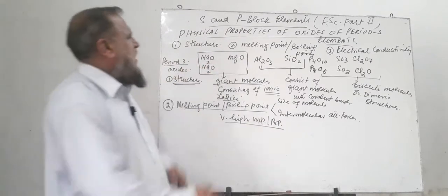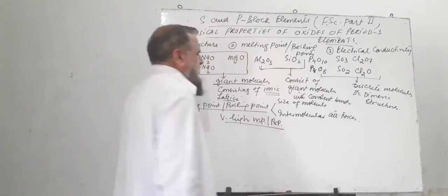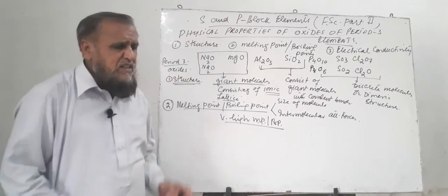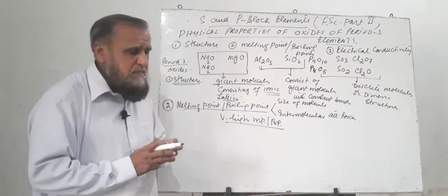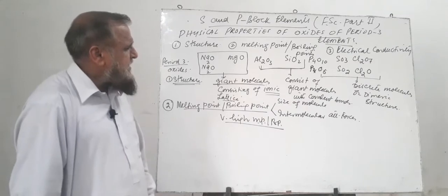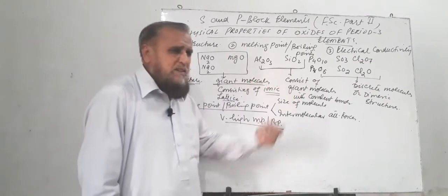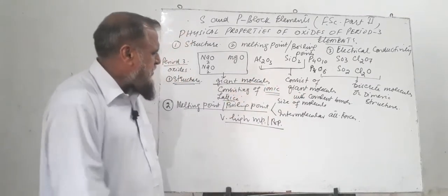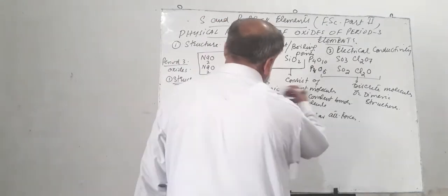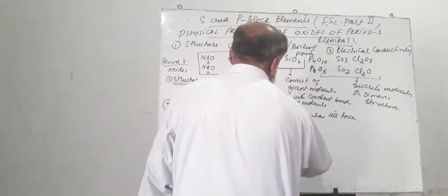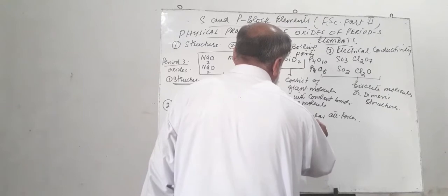Now when we move to alumina and silica, the size of molecules is the same. They also consist of giant molecules, but the attractive forces decrease because they have covalent bonds which are weaker than ionic bonds. That is why when we move towards silica, the melting point and boiling point will decrease.